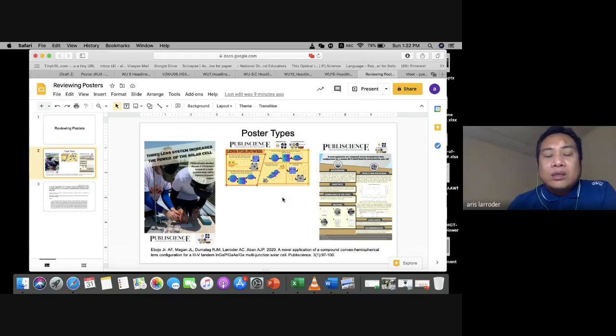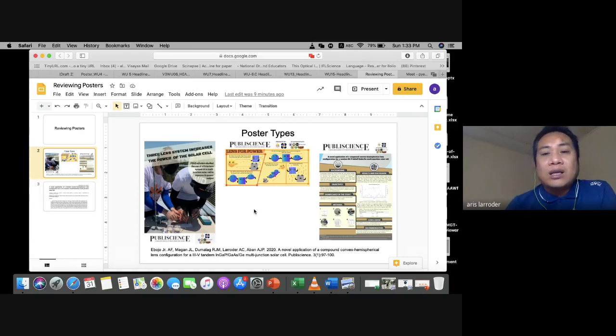So when there is a participant interested in one poster, the researchers or the presenters would simply decide if the community poster, or the infographic type, or the technical poster. So it is dependent on how in depth the question is.